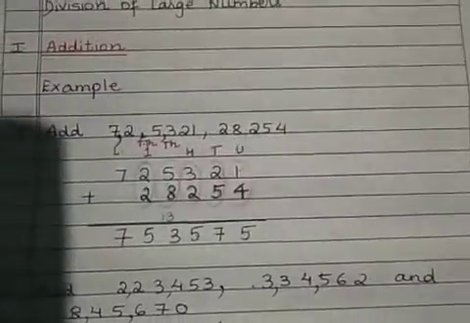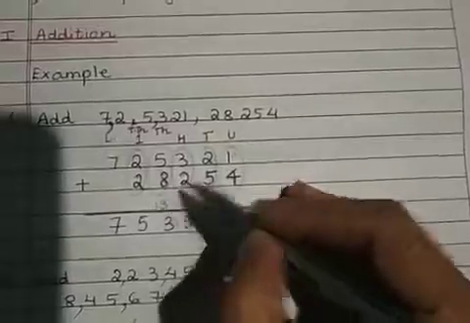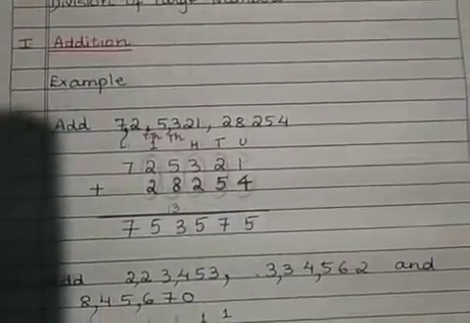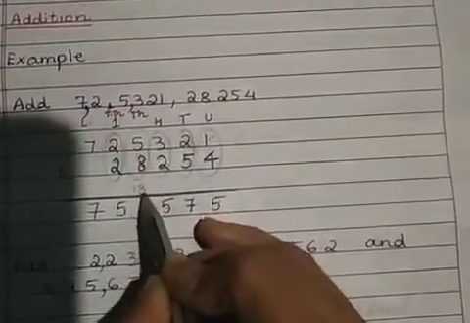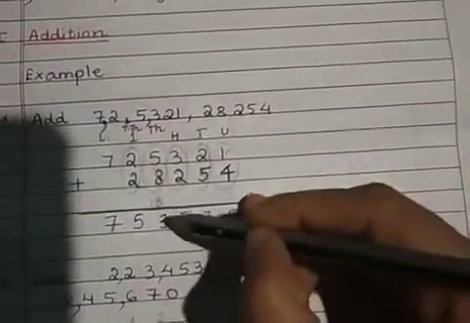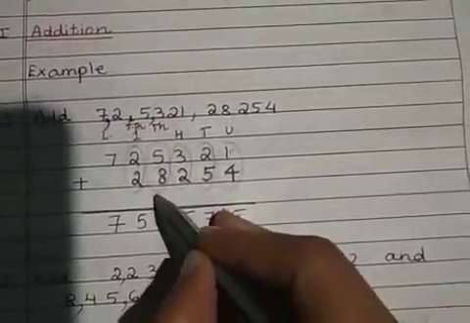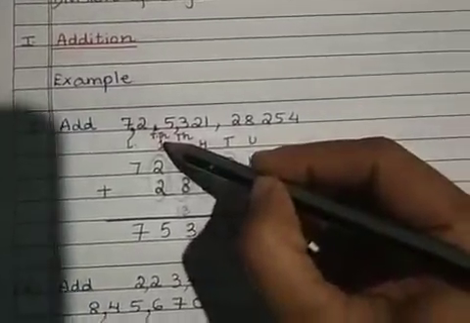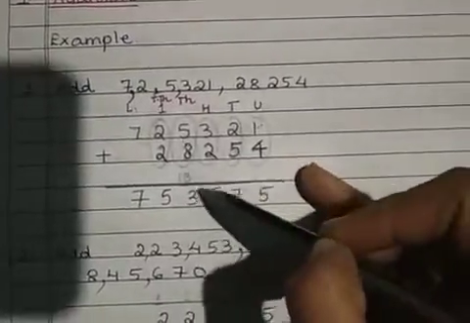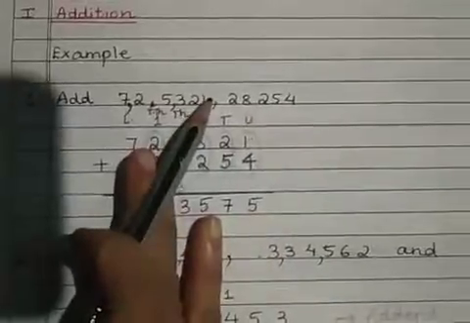In the units place of 13 you have 3. So write 3 in the units place here, and the number in the tens place, which is 1, you carry forward. So write 3 here and carry forward 1 to the next place.